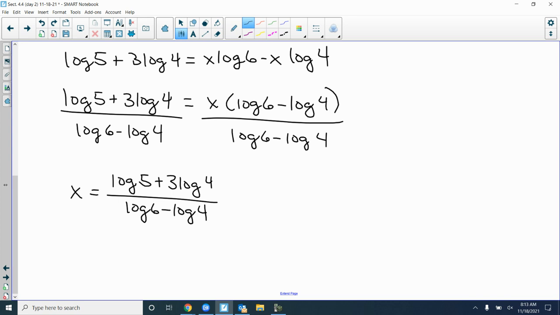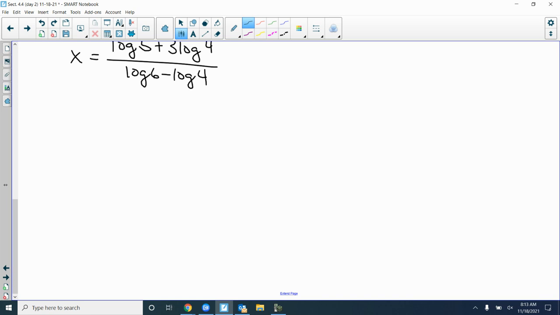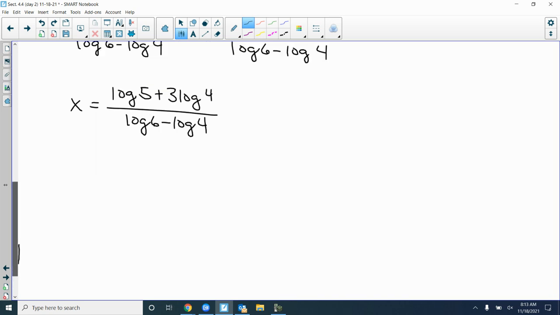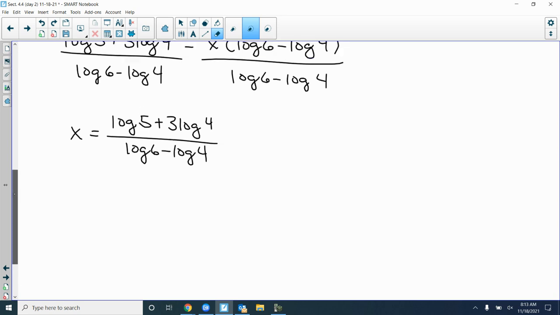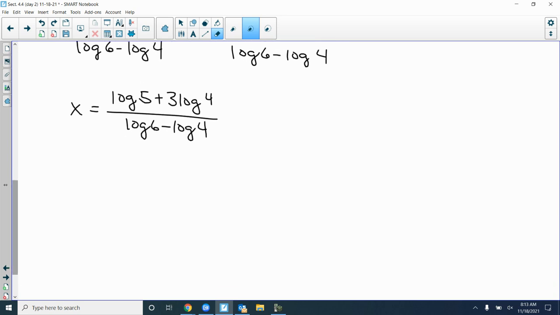Or you can come up with the approximate. All right. See what you get for your decimal. Compare it to whoever's sitting beside you. See if you get the same thing.